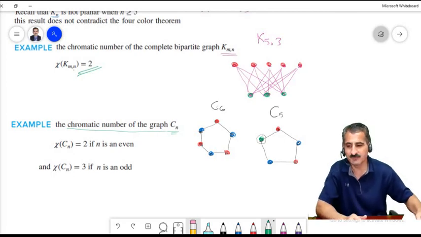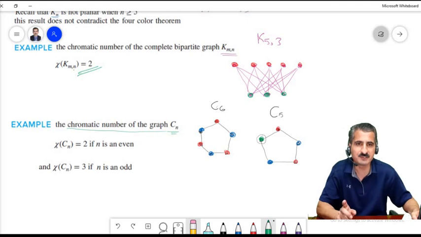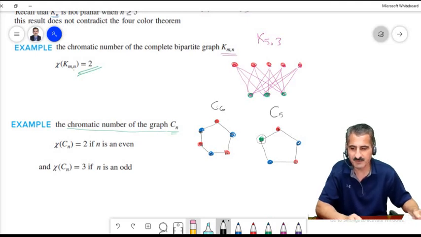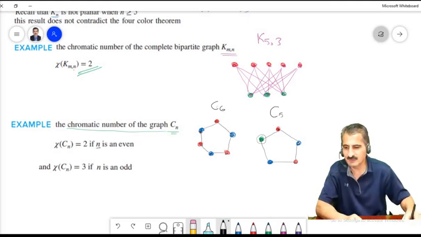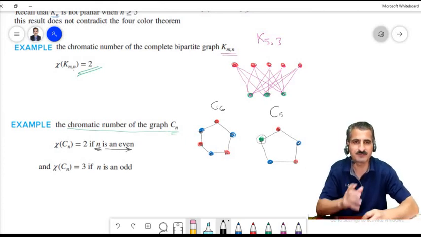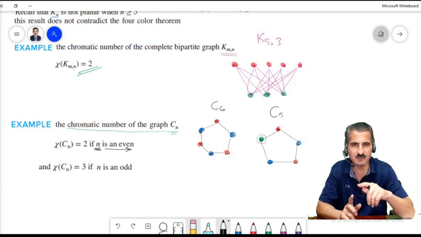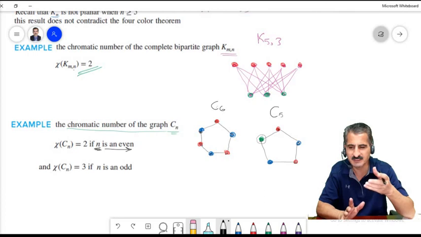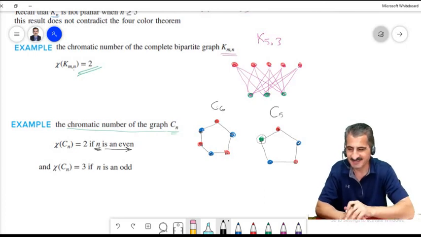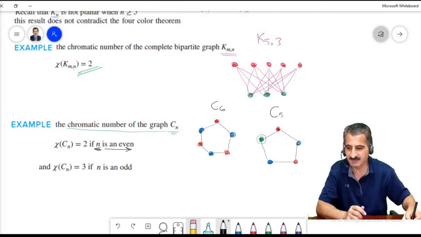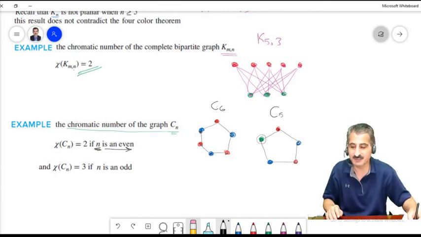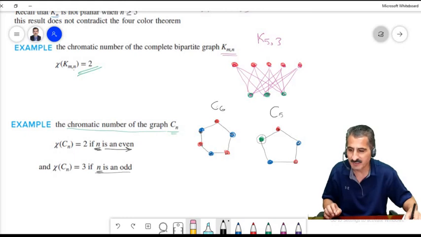And therefore now we can generalize this by saying if n is even, there will be one vertex after another alternating, and when we come back to the last vertex, it fits with the other colors. So 2 colors are enough when n is even. I think these 2 examples uncover the idea for you. When n is odd, we need 3 colors. Okay?